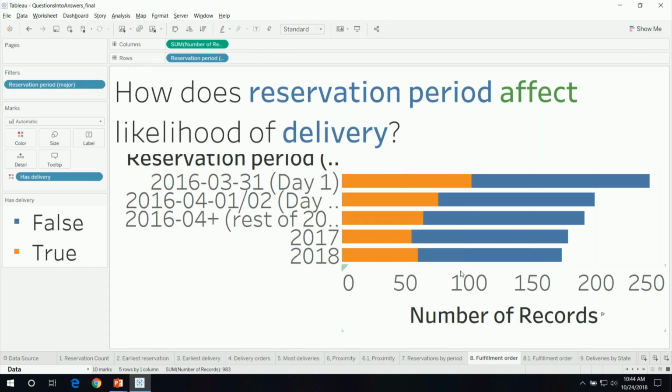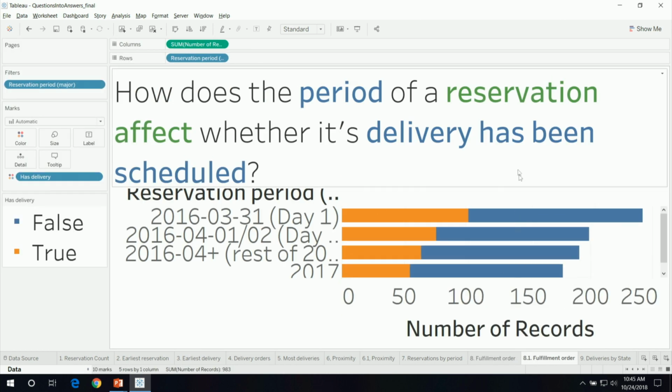So here we've got, how does reservation period affect the likelihood of delivery? There's some fuzziness here, right? What does likelihood of delivery really mean? If we look at this rephrasing of the question, maybe a little bit better.